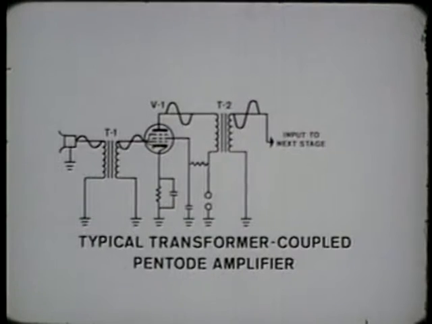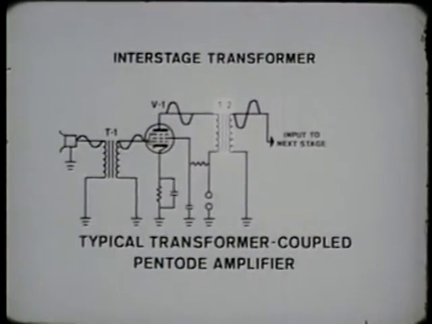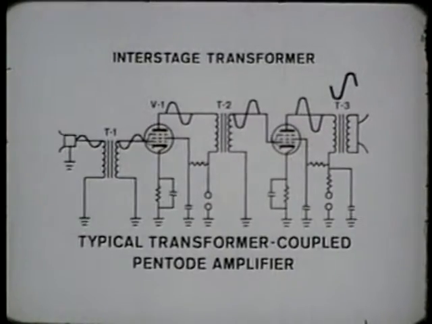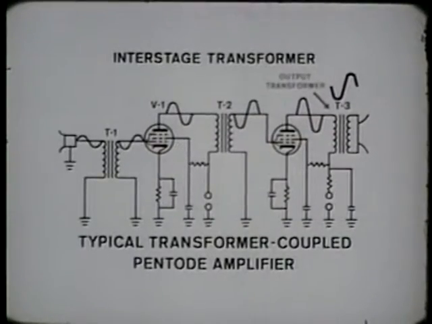When a transformer is used to couple between stages of amplification, it is called an interstage transformer. When the transformer is used in the final stage to couple the output to the device which will reproduce the sound, it is called an output transformer.